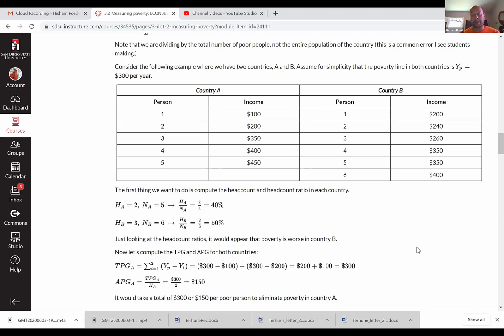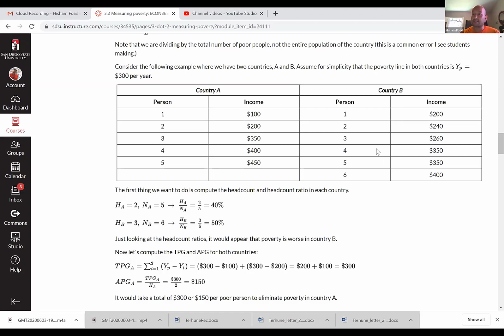We end up with a total of $300 needed to eliminate poverty in country A. That's the total poverty gap. To figure out the average poverty gap, we divide by the total number of poor people. There are 2 poor people in country A, so we need to spend on average $150 per poor person to get rid of poverty.